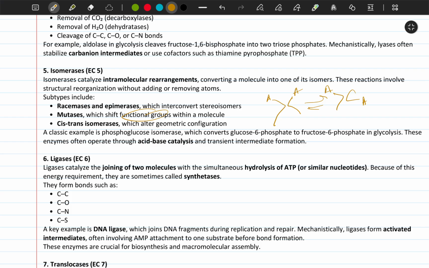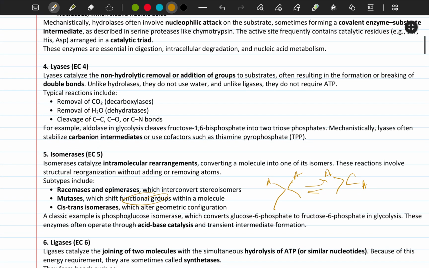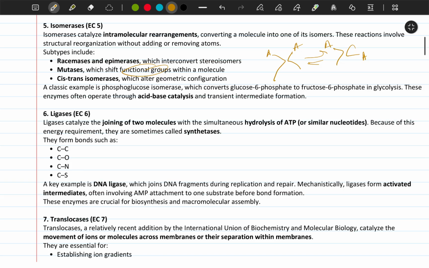We see cleavages occurring by lyases, but the formation of these bonds occurs by ligases. Ligases catalyze the joining of two molecules, with simultaneous hydrolysis of ATP. A key example is DNA ligase, which joins DNA fragments during replication and repair. Mechanistically, ligases form activated intermediates, often involving AMP attachment to one substrate before bond formation.